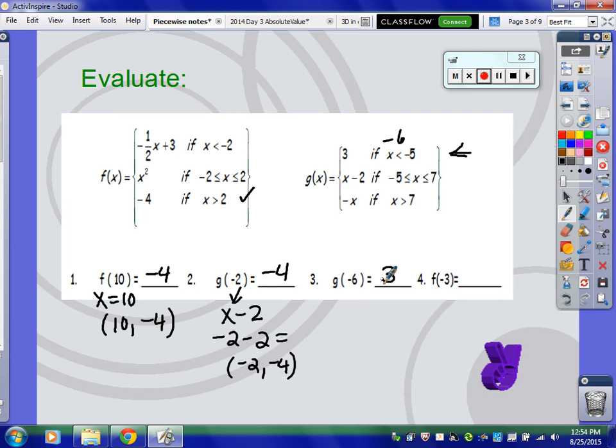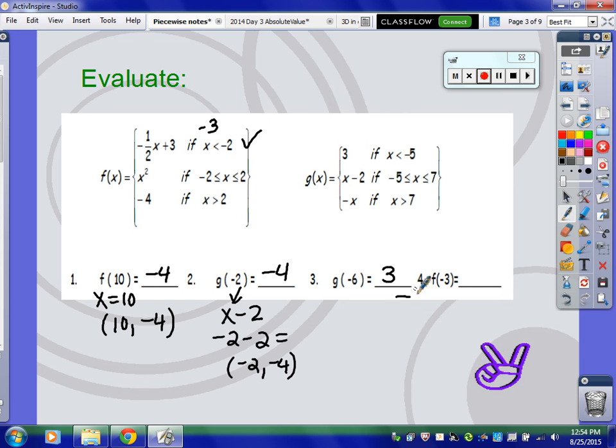Alright, number 4. If you want to try before I do it, pause your video for a moment and try the problem. Which piece of the graph are we going to use? So x is -3. So where is -3? We want to know where we got a true statement. Since -3 is less than -2, that means we're going to use the first piece of this graph.